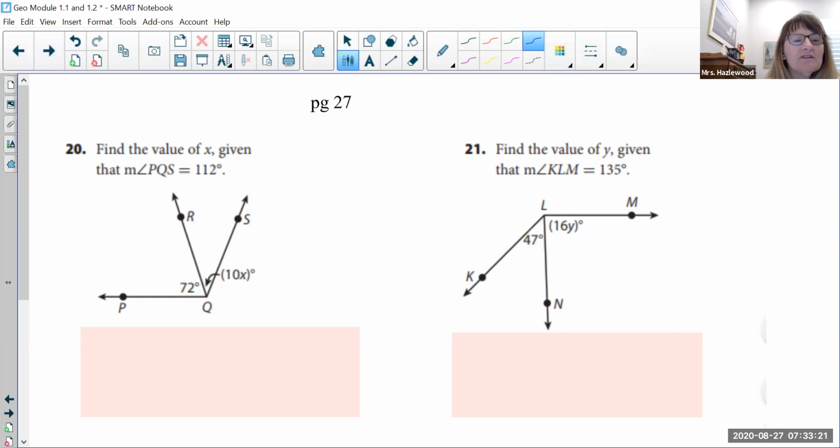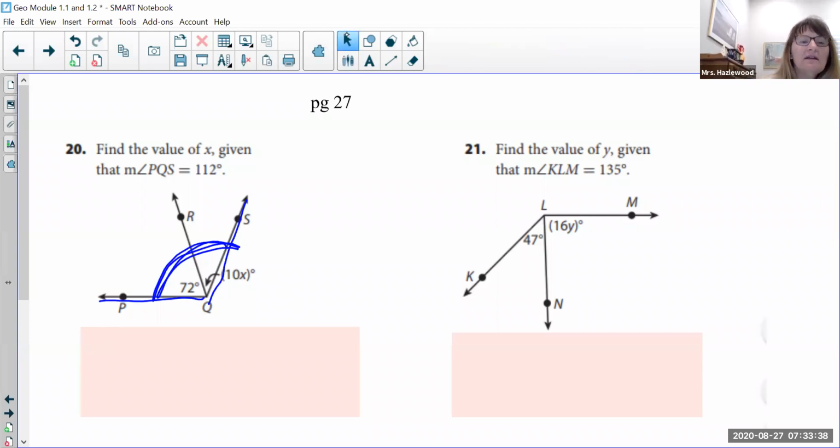P starts here, Q, and then S. So it's the total angle. When I write that out, I'm going to write the angle addition statement. It's always best to start there.